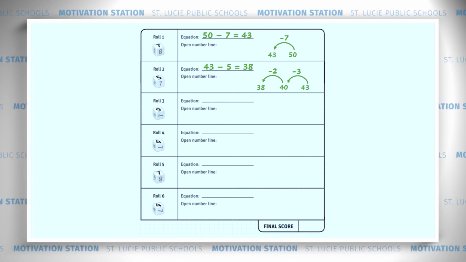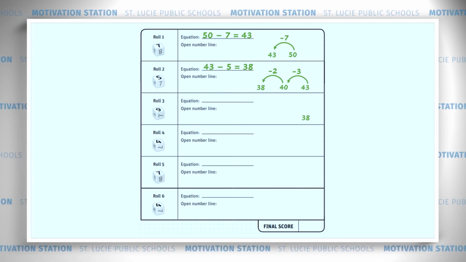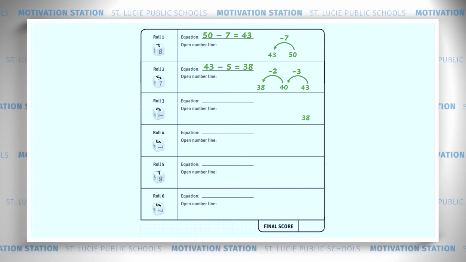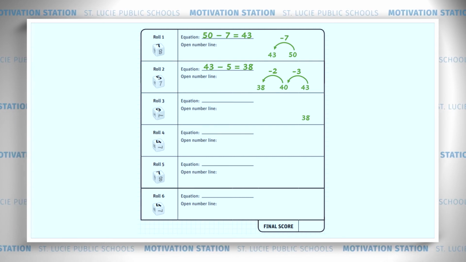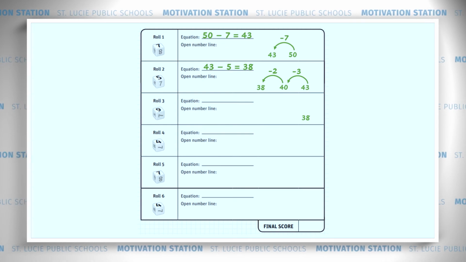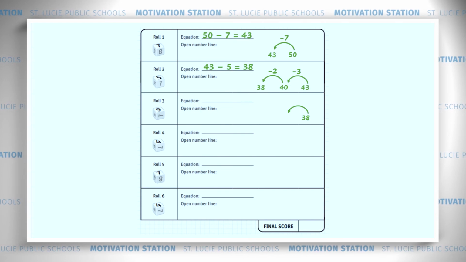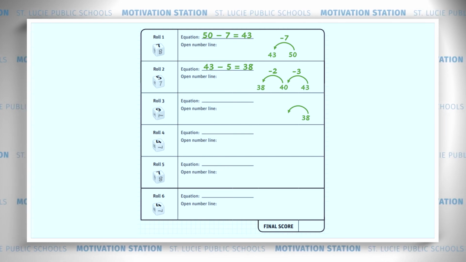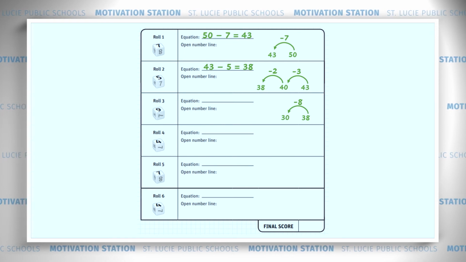For my next turn, I'm going to start with 38 because that was my answer. I rolled a 9. That's a lot to subtract. I think I'm going to do this in 2 jumps again. 38 minus what to get to my next 10 down? Well, I'm going to 30, so 38 minus 8 is 30.